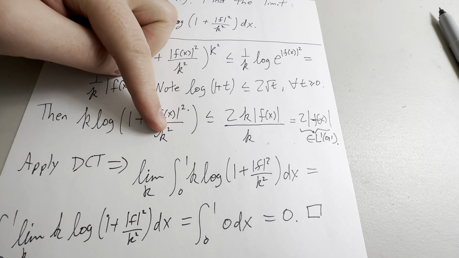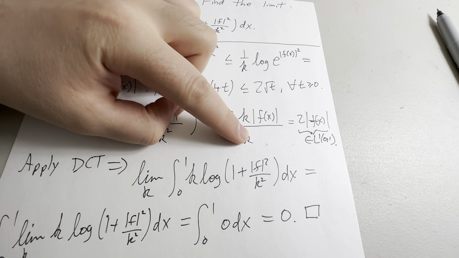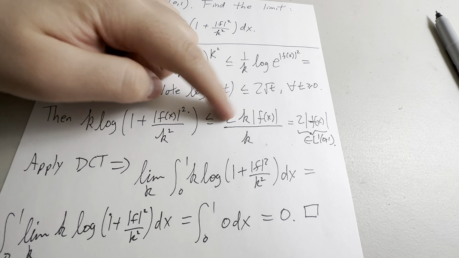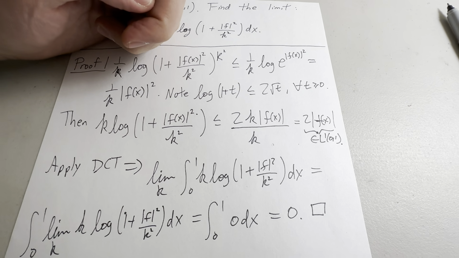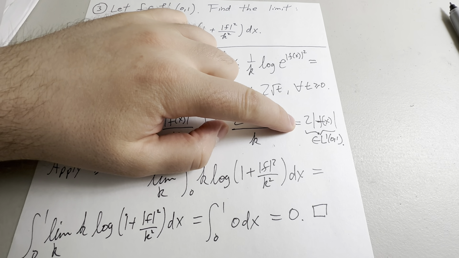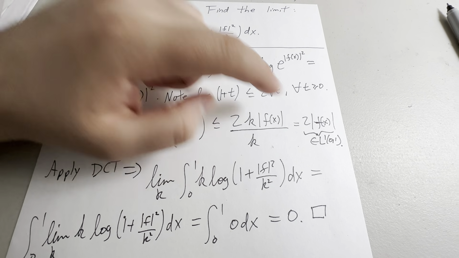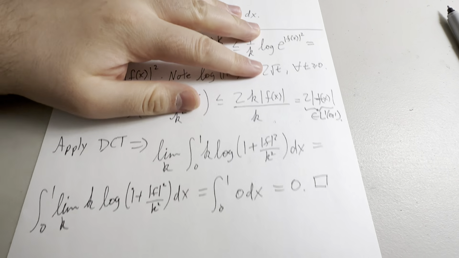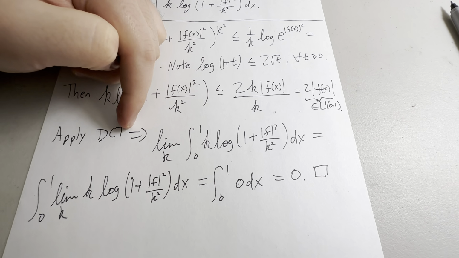So when you take the square root, you get absolute value fx over k. And then this k comes from here, and that 2 comes from up there, and then the 2's cancel. So we end up getting 2 times absolute value fx. Fx we assumed was in this set, so everything's integrable, which allows us to apply the dominated convergence theorem.